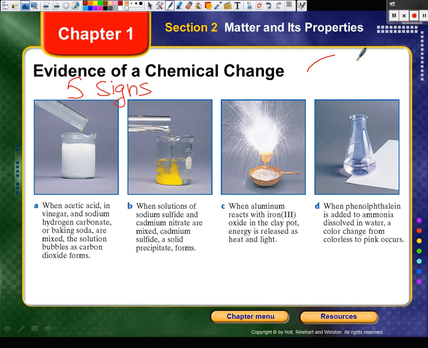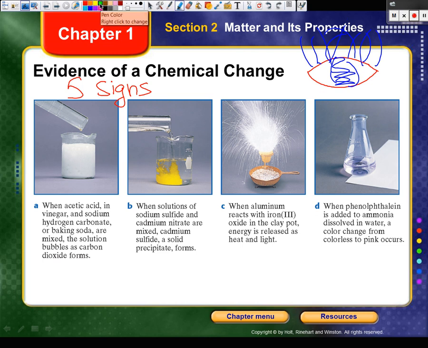And what I mean by that is that it's something that your eyeball can see. Okay? So if you can't see one of these 5 things with your eyeballs, then it's not a chemical reaction. Now, the problem is you only see 4 pictures. So let's talk about what the 4 are so far.